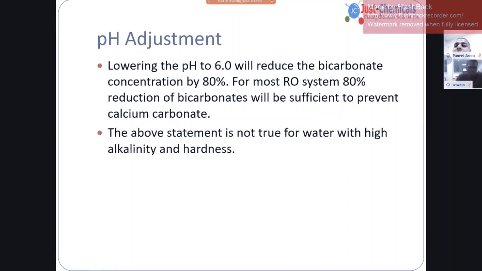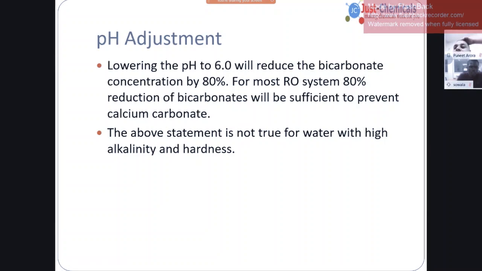pH adjustment. Now, lowering the pH to 6 will reduce the bicarbonate concentration by 80%. So this is good, but I will recommend calculating Langelier saturation indices. Though our Excel sheet which I have shown will also have LSI, RSI and other scaling indices.